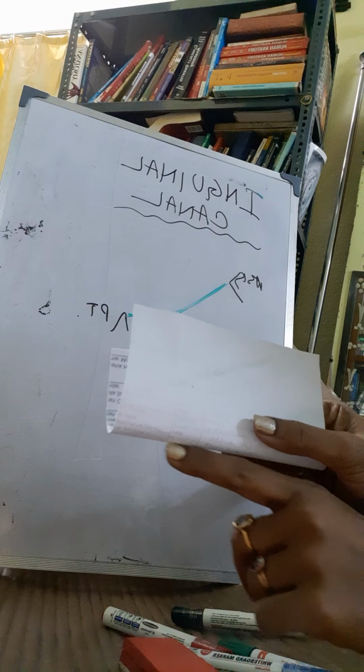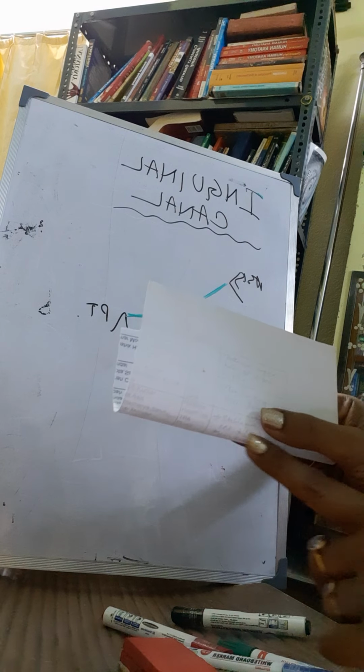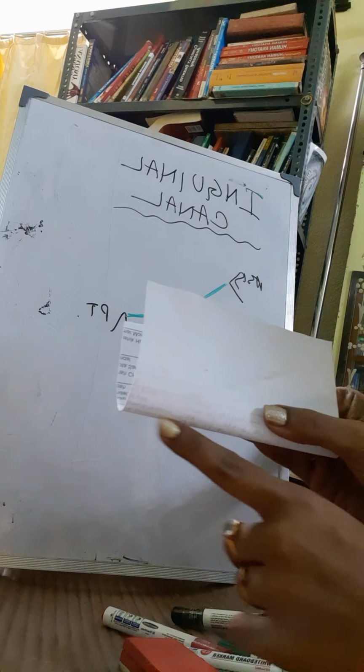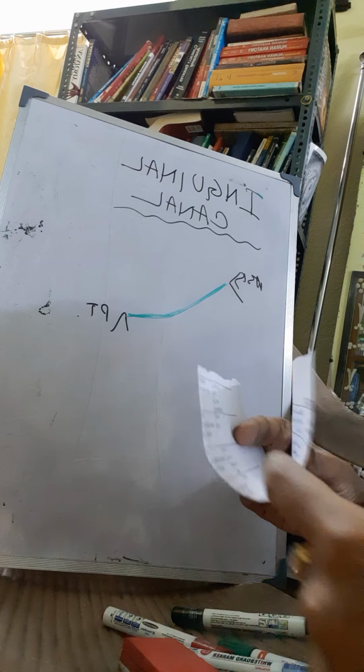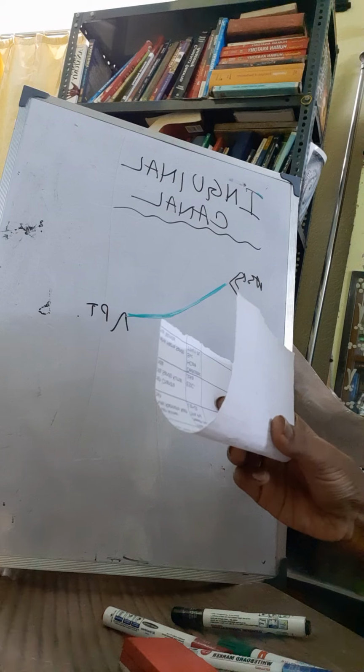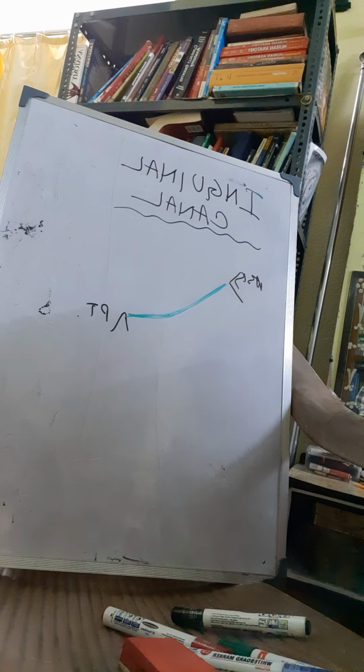Over the lower border or the lower surface, the inferior surface, the inguinal ligament gives attachment to the fascia lata here. The upper grooved surface, this is the upper grooved surface where there is presence of two muscles.